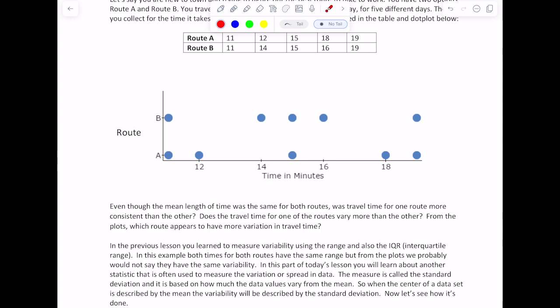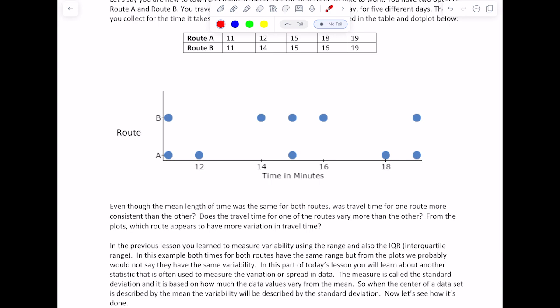Again, which route appears to have more variation in travel time?